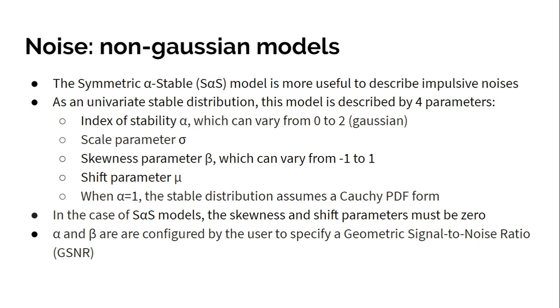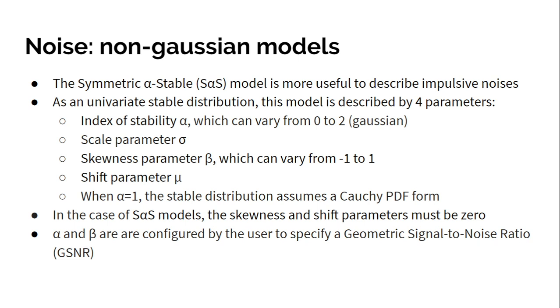Alpha and beta can be set by the user in the simulator. So why is alpha important? When alpha is closer to 2, we have a more Gaussian-like probability density function. And when it gets closer to 1, it assumes a Cauchy-like form.